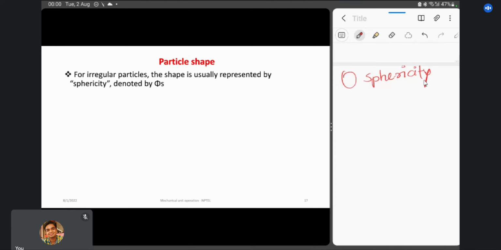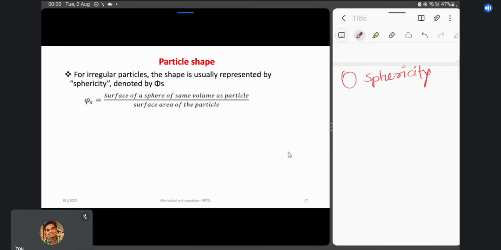But if the sphericity is 50%, 0.5, then we can say it's only half the same as a sphere. So this is in normal language what sphericity is.